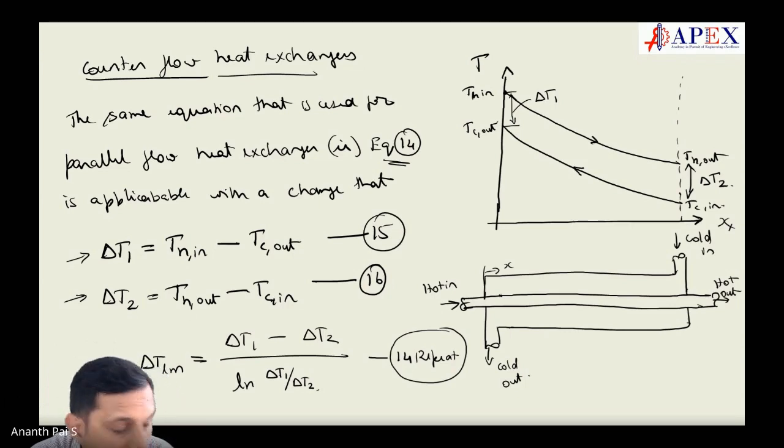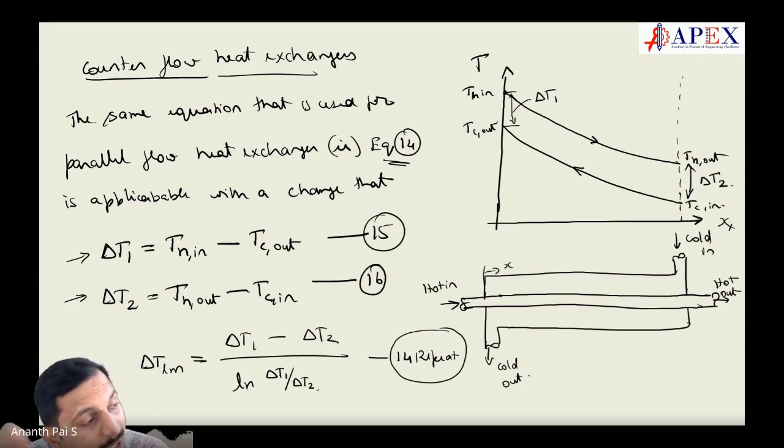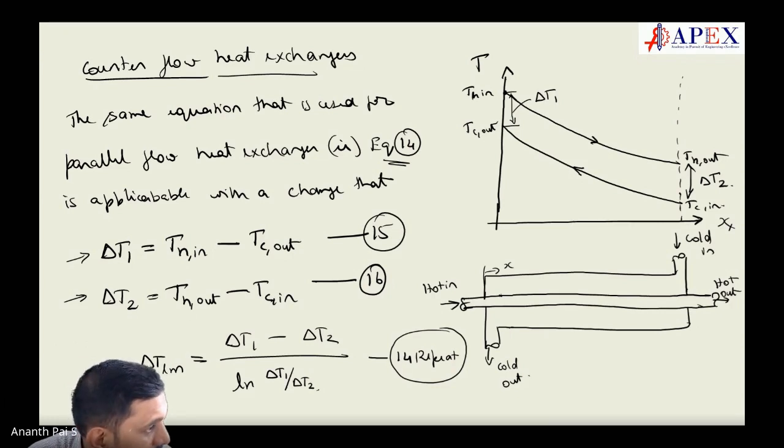Log 1 is 0. If delta T1 is equal to delta T2 here, then what? This cannot happen in cross flow or in parallel flow. It can happen in counter flow. What will it be?